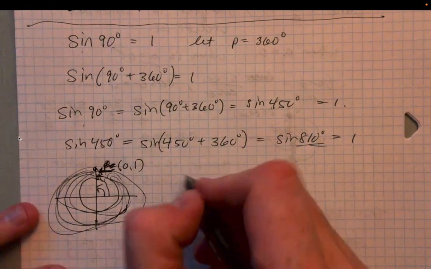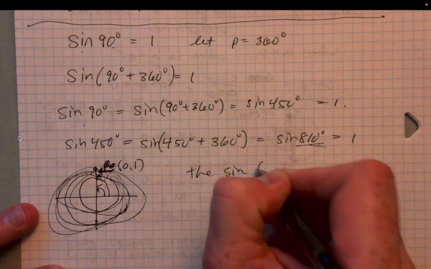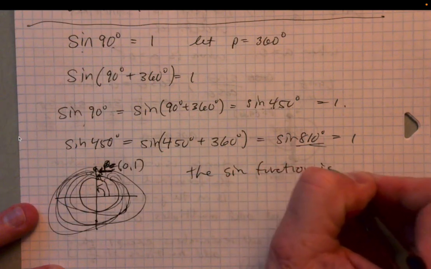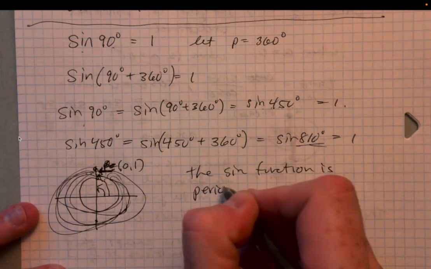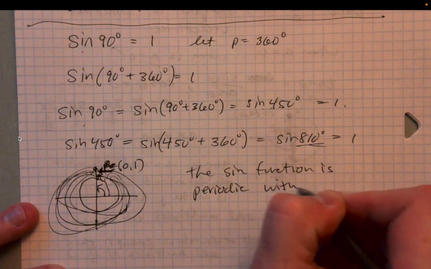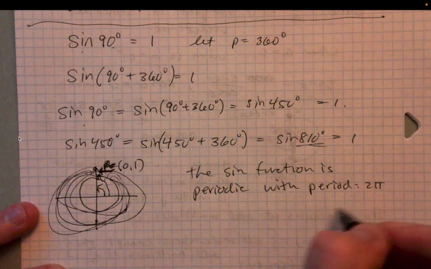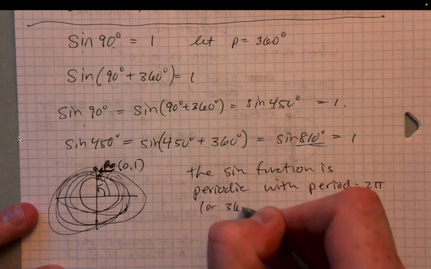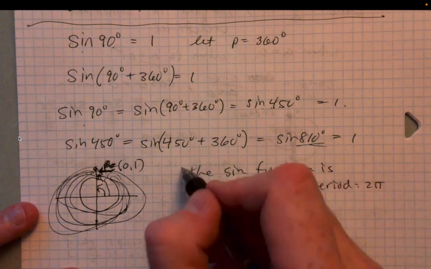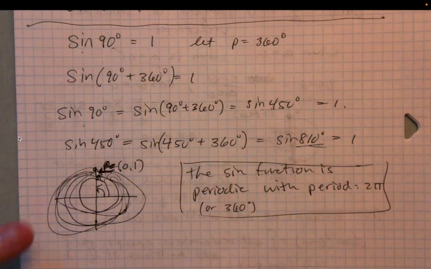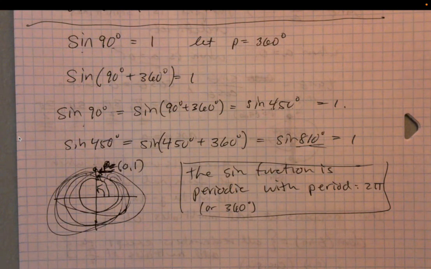And so the sine function is periodic with period 2 pi or 360 degrees, however you want to think about it. Turns out all the trig functions are periodic.